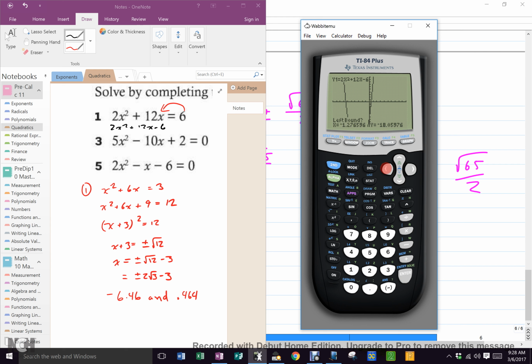So I just keep moving my cursor till I am on the left of, here it comes, there it is, left boundary, enter, right boundary, enter, yes, enter, negative 6.46. There they are. And if I wanted you to sketch the graph, it would look like this. Negative, and this would come up right by 0. Okay? Okay.